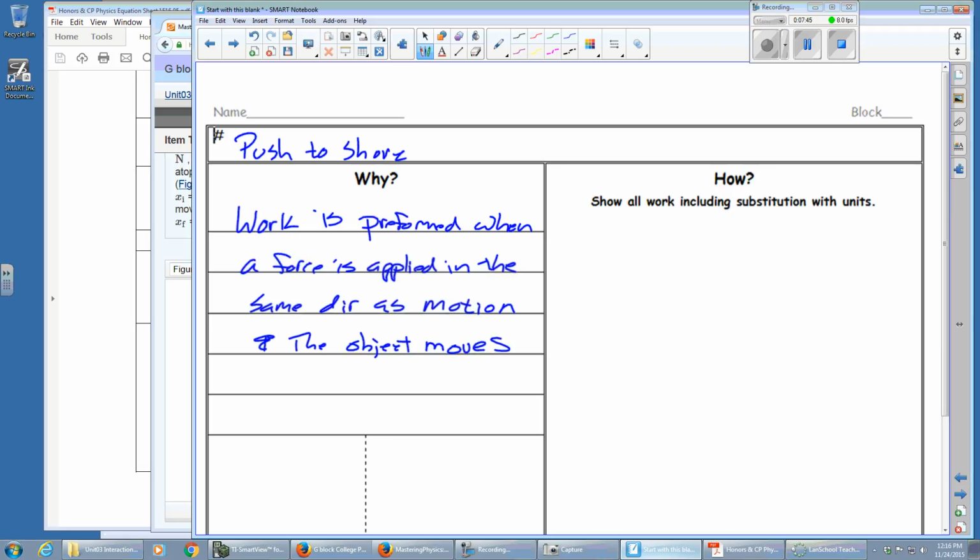Now, what's the difference between positive work and negative work? You would think direction, because we've always used positive and negative up to this point to mean direction, to mean right and left, up and down. With work, because it's a scalar, positive and negative mean increase the energy or decrease the energy. So if I do positive work on something, I'm increasing the amount of energy it has.